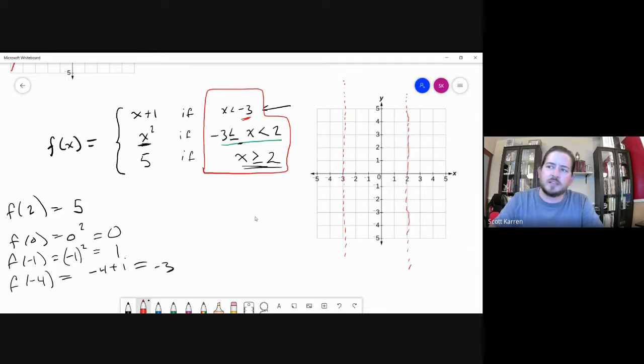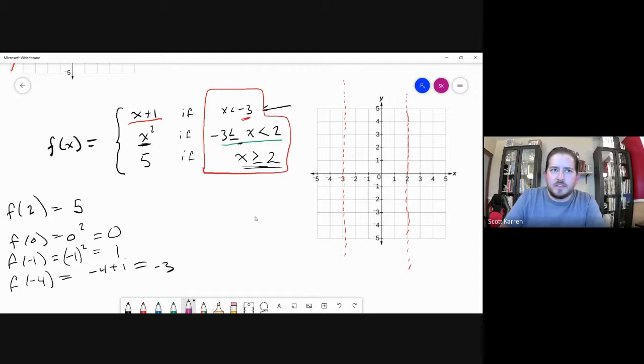I have one piece to the left of -3, one piece between -3 and 2, and then a different piece from 2 onward, right? But the function x plus 1 over here is a straight line. We know that. It's y equals mx plus b. And I'm going to draw this and then I'm going to erase a bit of it.